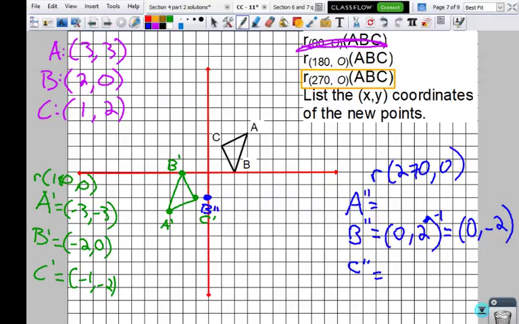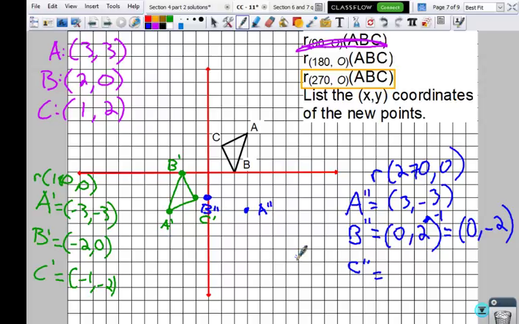What do you get for A double prime? -3, 3. For A double prime, which is at 1, 2, 3. Yeah, you're right. Let's see, C double prime. That's what I'm doing right now. Finish it off.